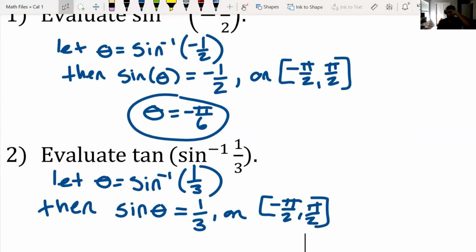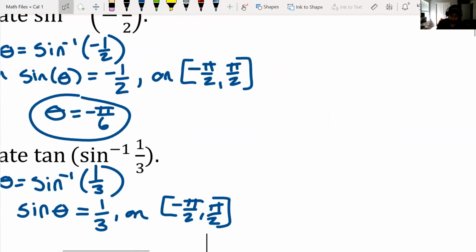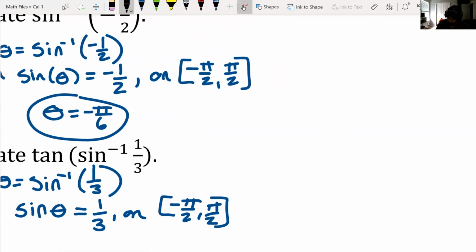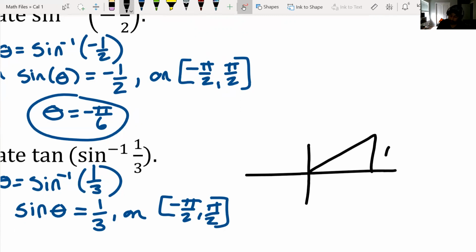There's no radian value of theta that we know of that covers 1/3. So to solve this one, remember, we make a right triangle. Since sine is positive, we must be in quadrant 1. If sine is 1/3, that means the height is 1, the hypotenuse is 3, and by the Pythagorean theorem, the base is 2 square root 2. And there's my value of theta.